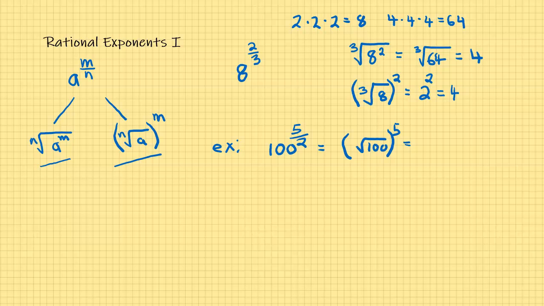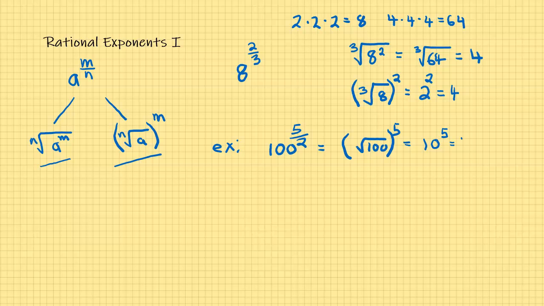Okay, here we go. So the square root of 100 is 10, and then we still have to the 5th power right here. Now 10 to the 5th power is going to be pretty easy to do. When you have 10 to a power, it'll have the same number of zeros as the exponent right here.